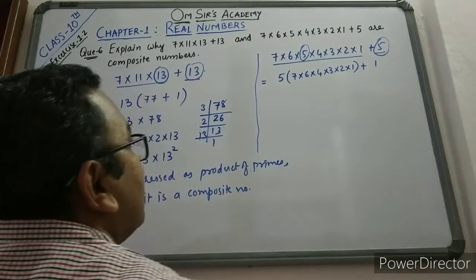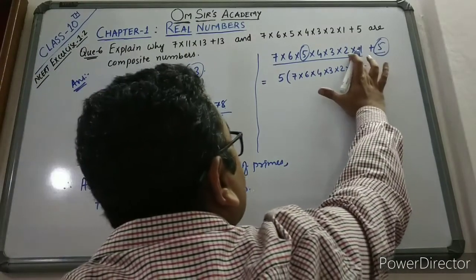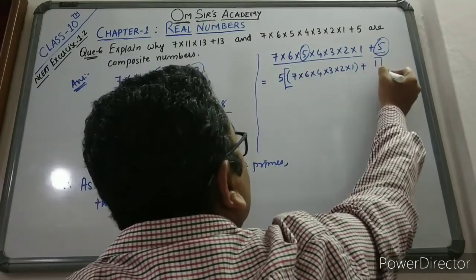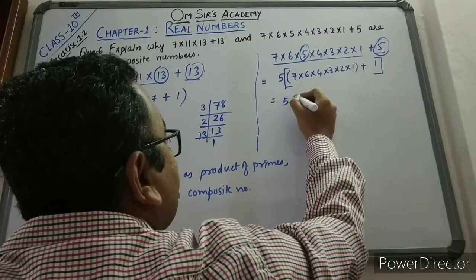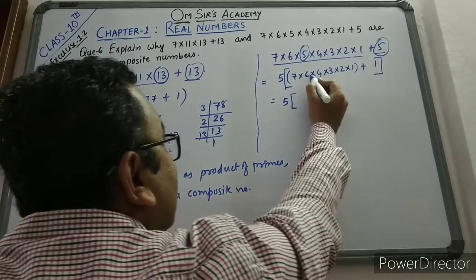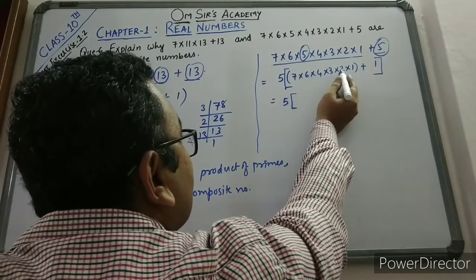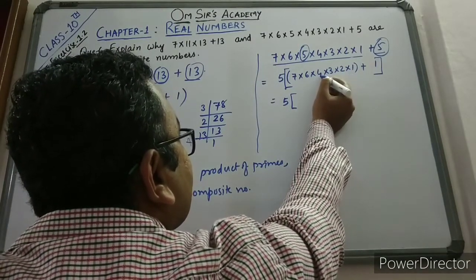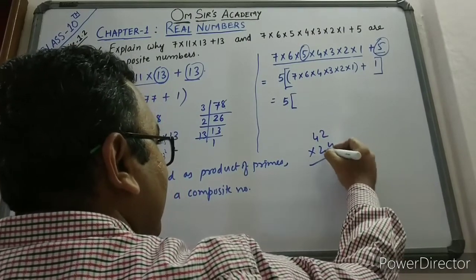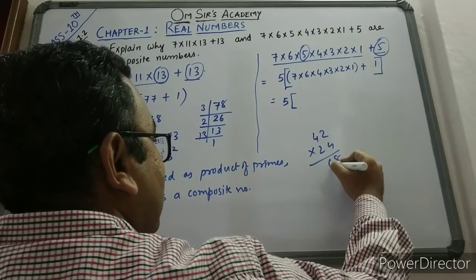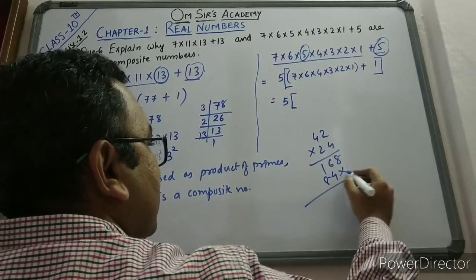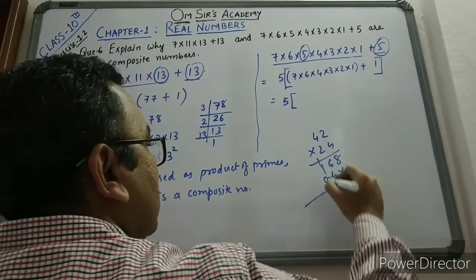So it will be 5 into ... 7 6s are 42, 42 into 3 2s are 6, 6 4s are 24. So what is 42 into 24? 4 2s are 8, 4 4s are 16, 2 2s are 4 and 2 4s are 8.